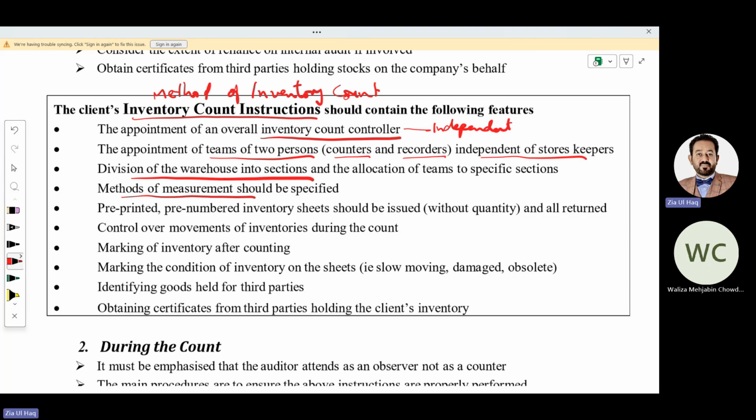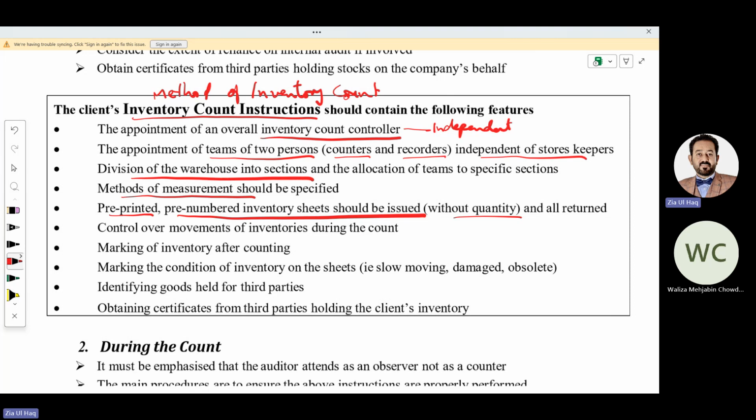And for counting, pre-printed, pre-numbered sheets should be given to the staff without quantities. The pre-printed sheets should state the name of the inventory, so that after counting each type of inventory, staff mention the number there.